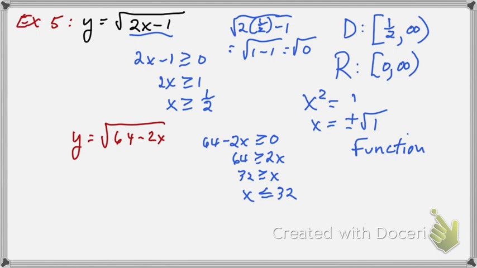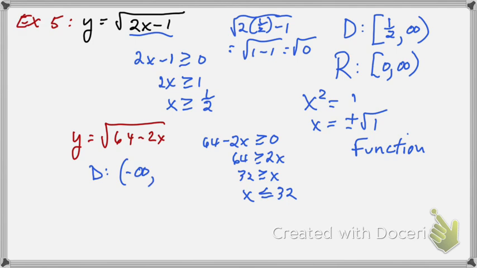So what's my domain there? See, if x gets bigger than 32, I got a problem, right? So the smallest it can be is negative infinity, since it says less than or equal to 32. If x is a negative number, I'm okay because I got negative 2 times the negative, so that would be a positive.